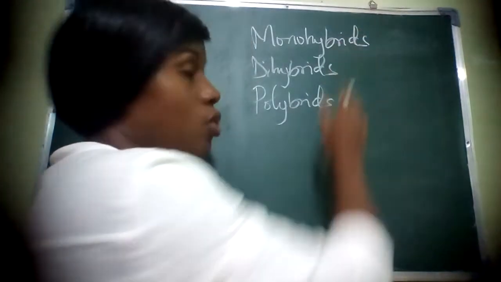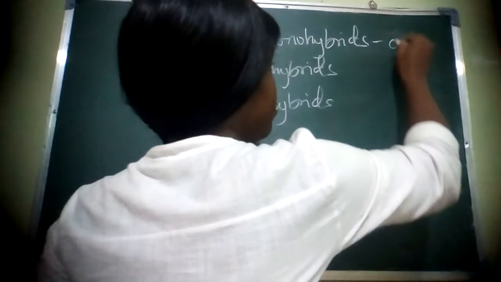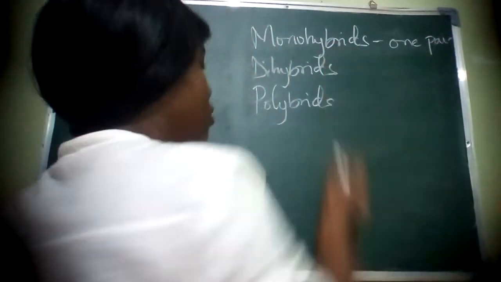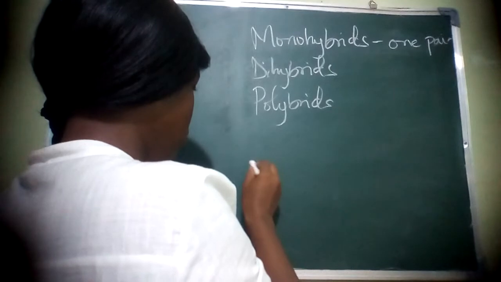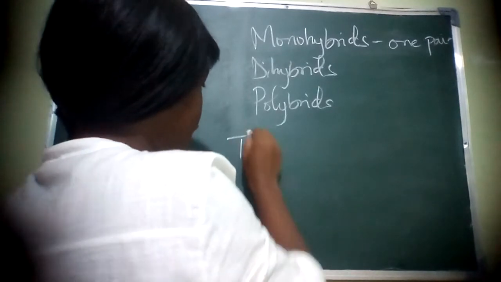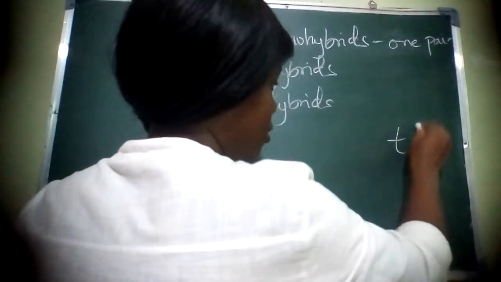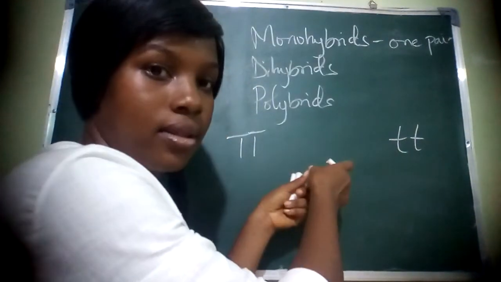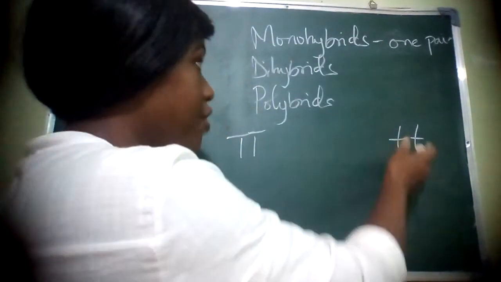So just one pair of contrasting characters. For instance, like I said before, height: tall, short, the same height trait but different forms.